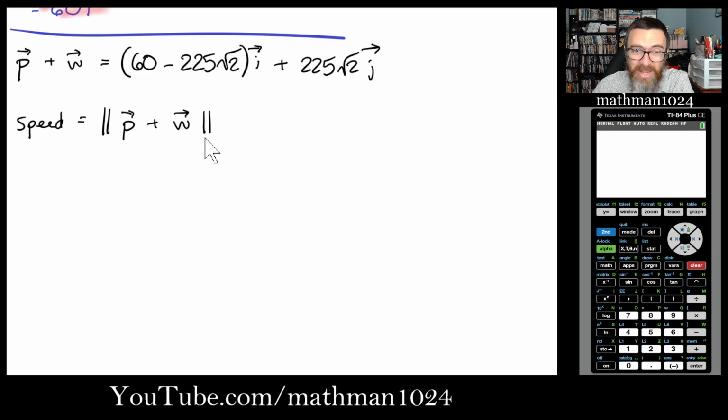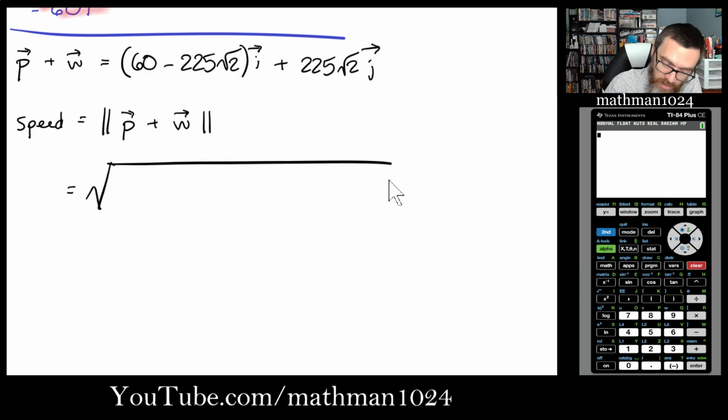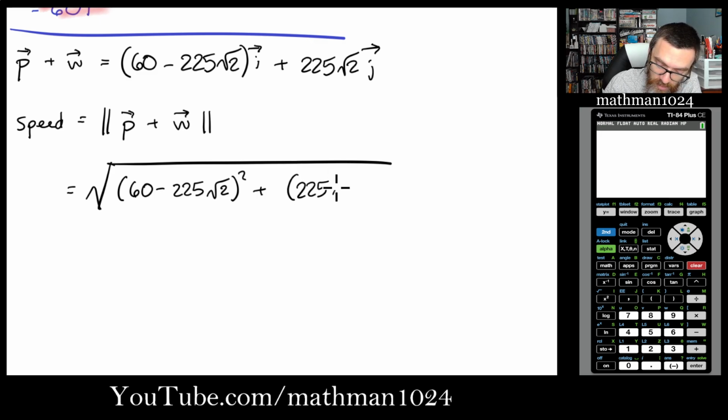So let's find the magnitude of this, which means it's going to be one big square root, and we're going to do 60 minus 225 square roots of 2 squared plus 225 square roots of 2 squared. I'm not going to do this in my head.